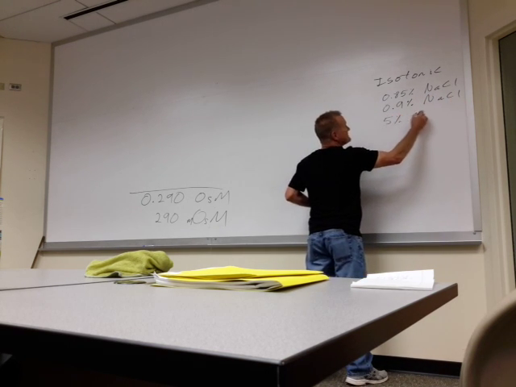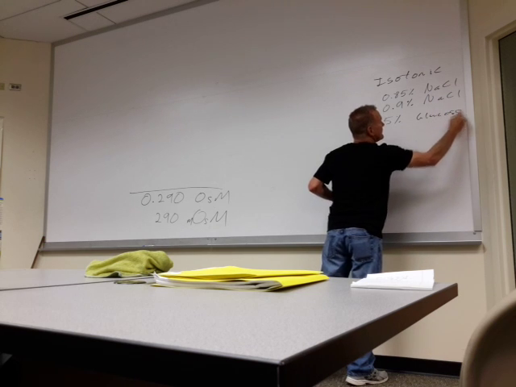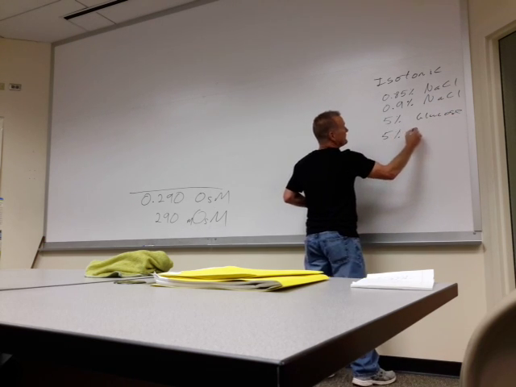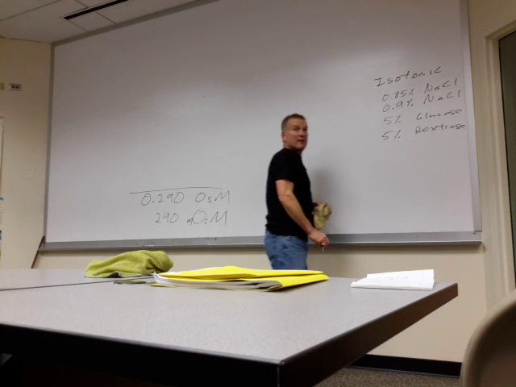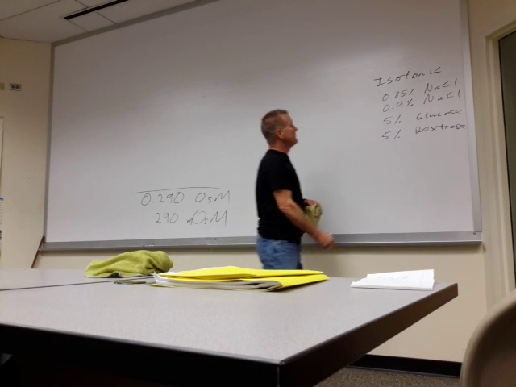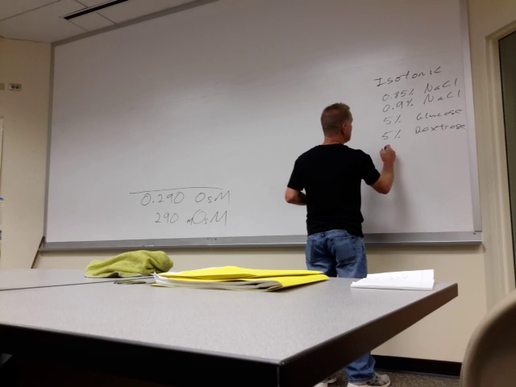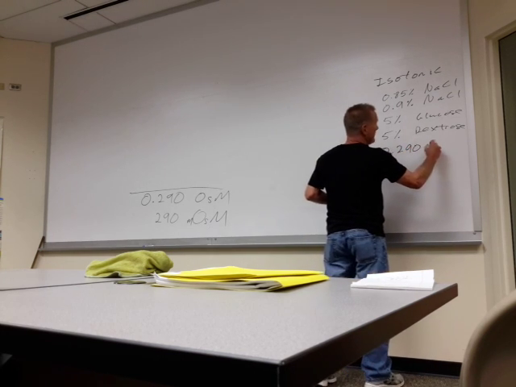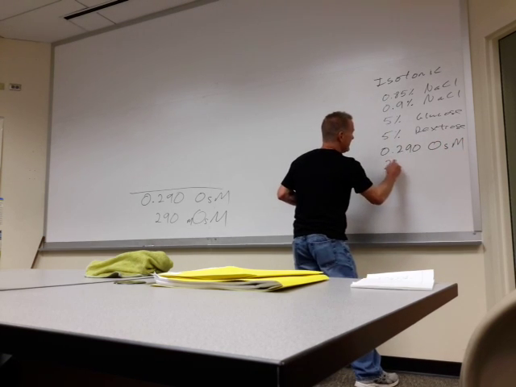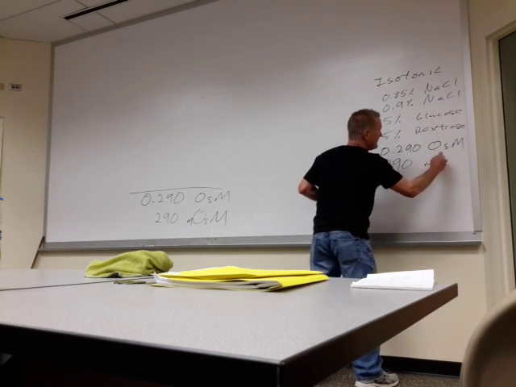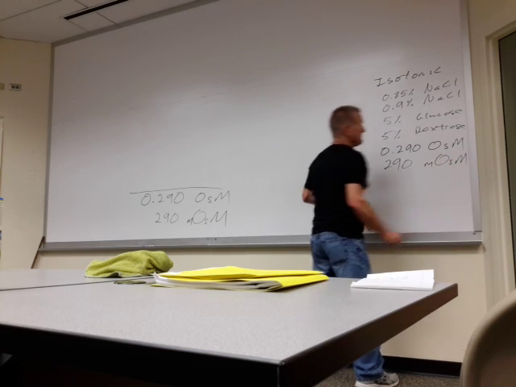You also have 5% glucose, which is also referred to as 5% dextrose. What you want to add to that part of your little note card is 0.290 osmolarity, or 290 milliosmolarity.